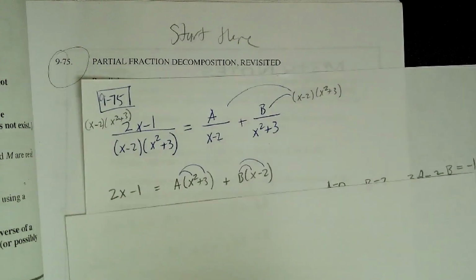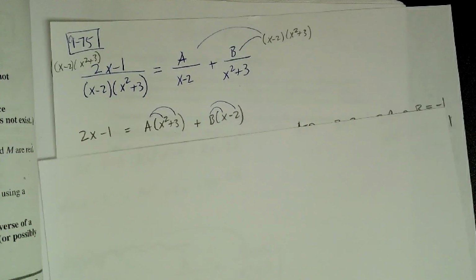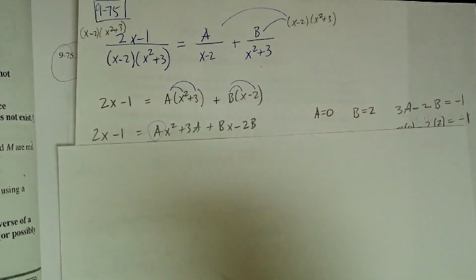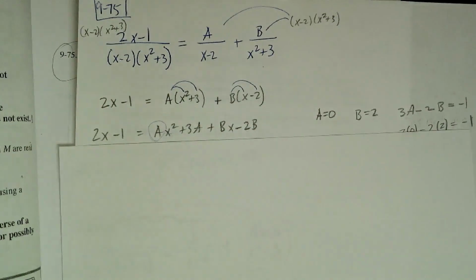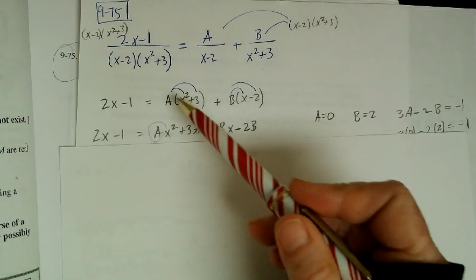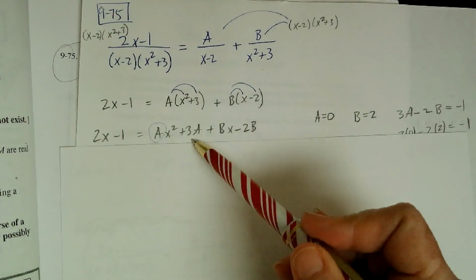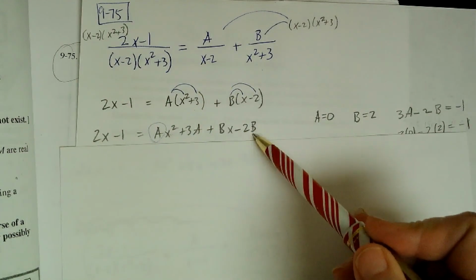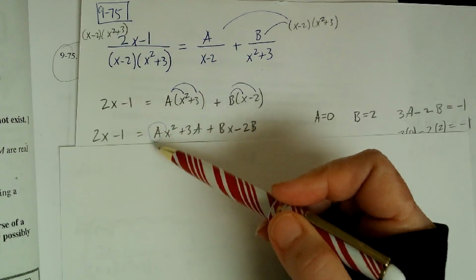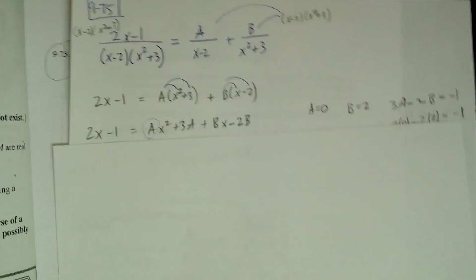We want to distribute because we're going to do this thing called equating the coefficients. I don't know if everybody really grasped that last time we did this, but I need these distributed out. So I distributed everything out, and then I want to gather them together. I want all of the x squareds together.